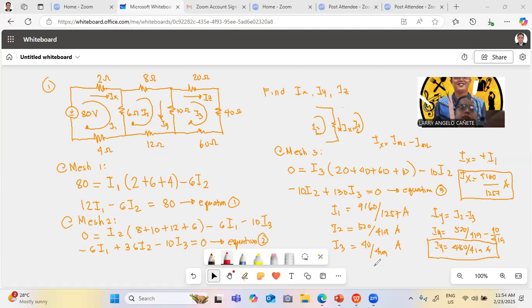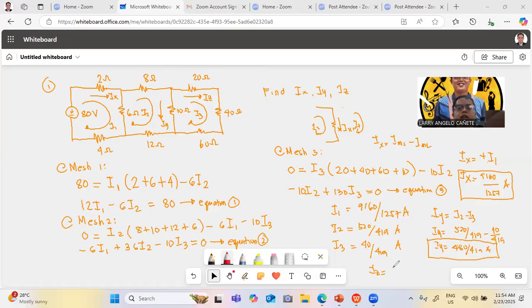And finally, solving for the IZ. So your IZ is to the right, or the problem is asking for the current at 20 ohms. No, ito yung 20. So same, yung IZ mo is the same direction with the mesh. If same direction, then same with the mesh current.